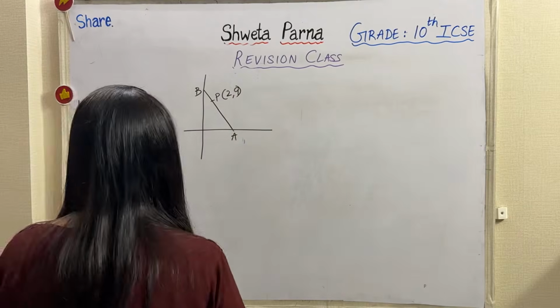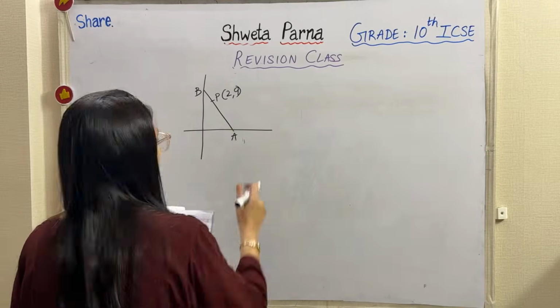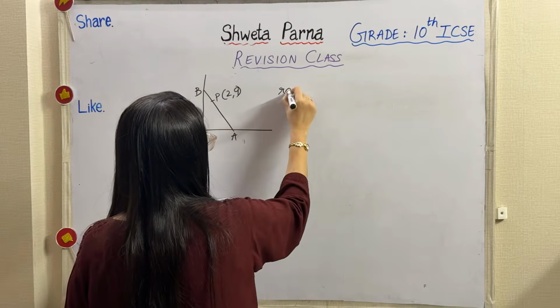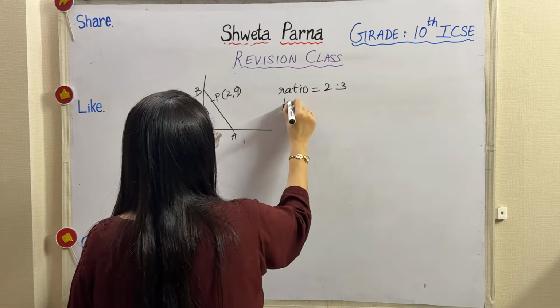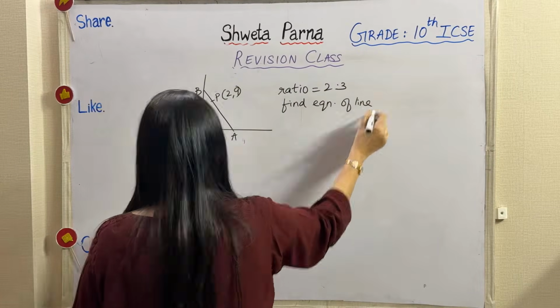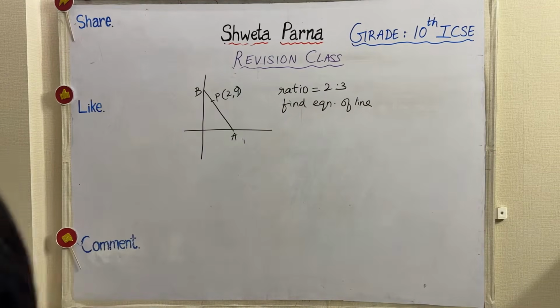A line passes through P and cuts off the positive intercepts on the x-axis and y-axis in the ratio 2:3. You have to find the equation of the line. I repeat the question. A line passes through P and cuts off the positive intercepts on the x-axis and the y-axis in the ratio 2:3. Find the equation of the line.